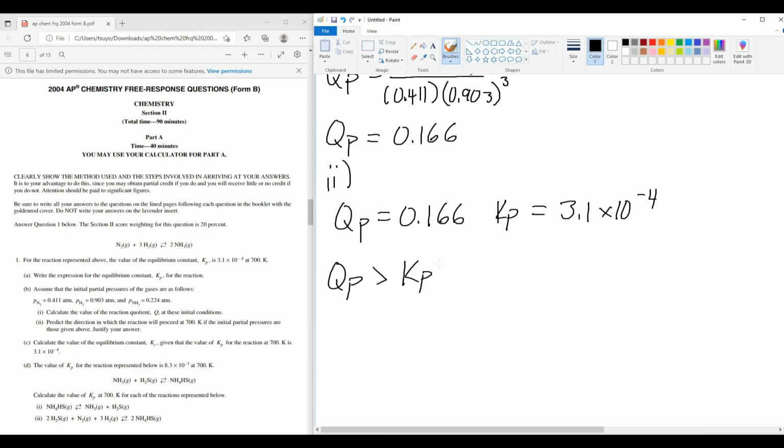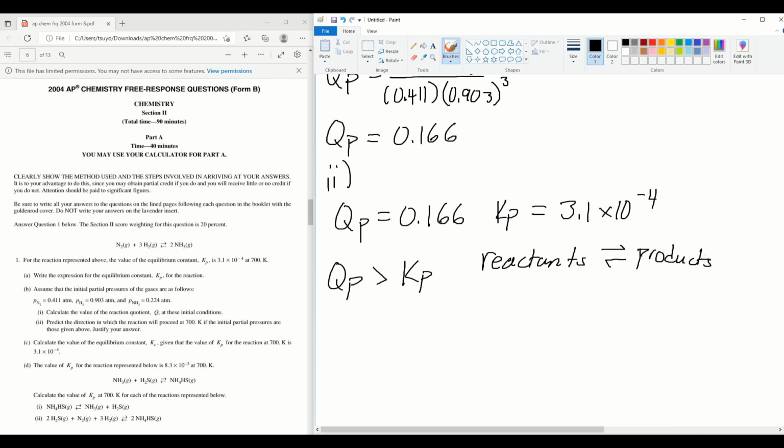So this tells us that the number of products at QP is greater than the amount of products at KP. So there needs to be less products because it goes from reactants to products here.